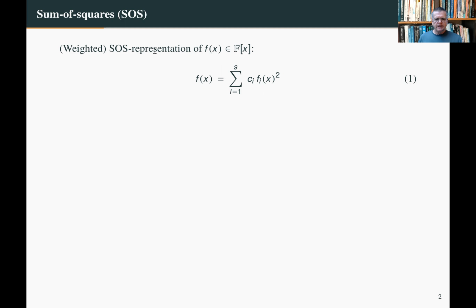And then a sum of square representation is a formula like this, where you have polynomials and sum the squares. In mathematics, this would be called a weighted sum of square representation because we allow these coefficients Ci elements from the field.